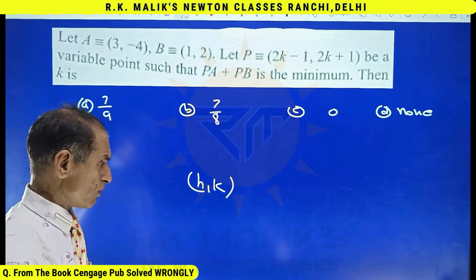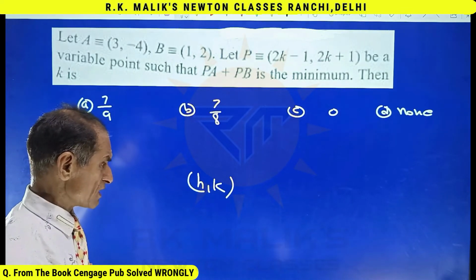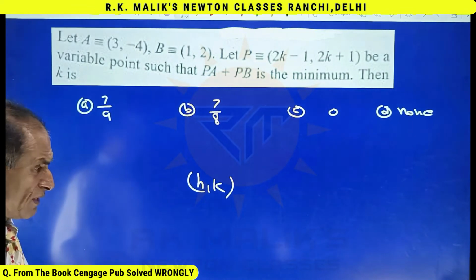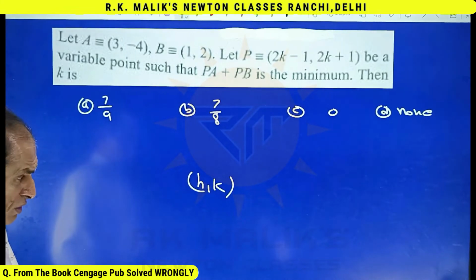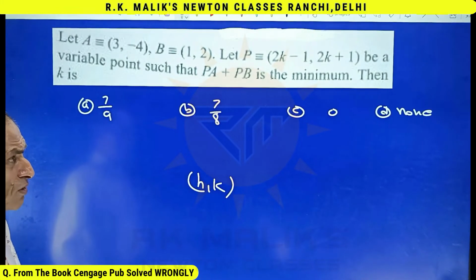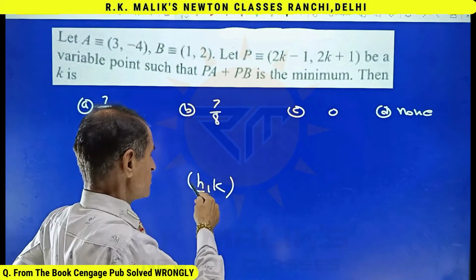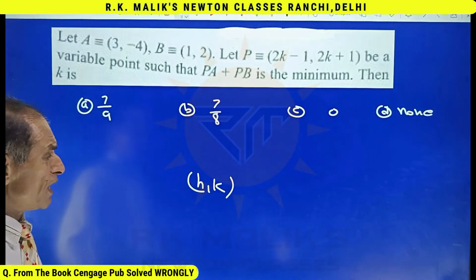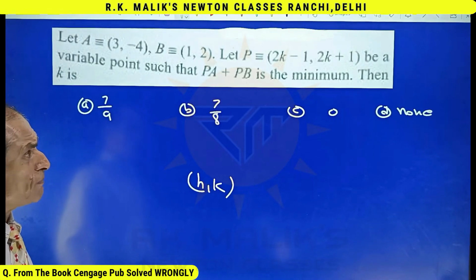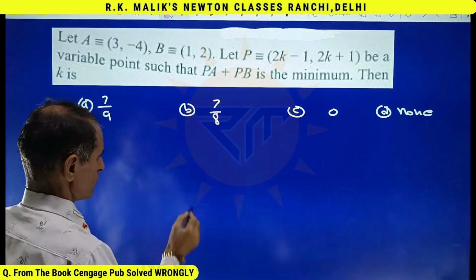Once that relation is found, we write x for h and y for k, and we get the equation of locus. But in the present question, k is already involved in the question. Hence, instead of supposing the point P as (h, k), we suppose the point P as (alpha, beta).